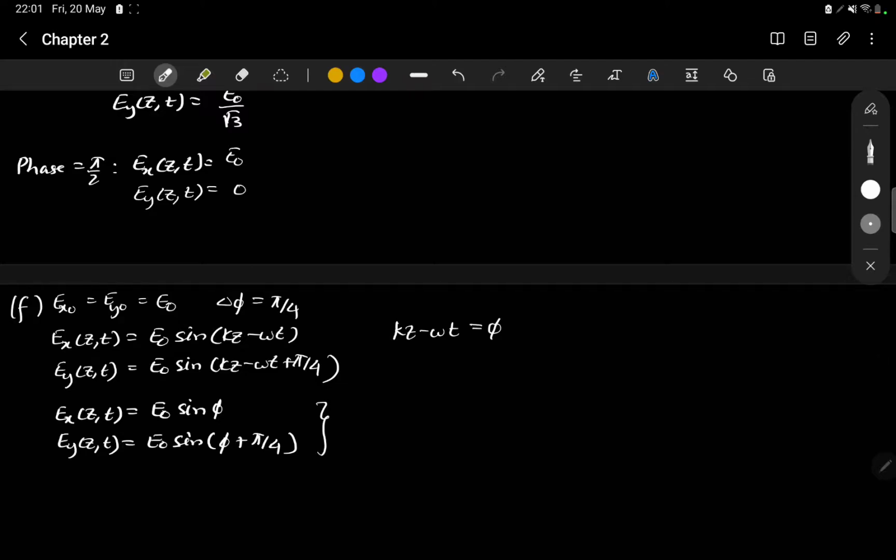From these two we will get the following.